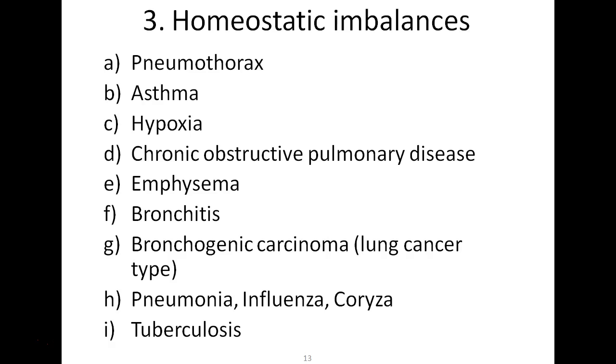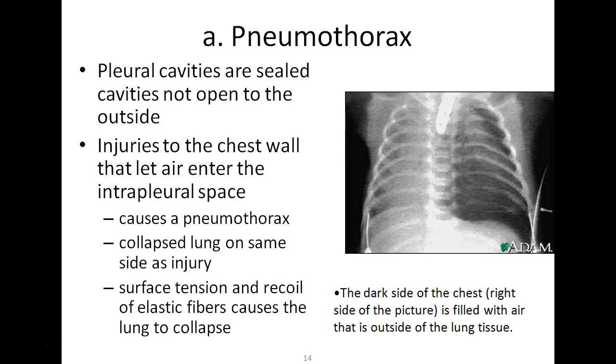Let's run through some other homeostatic imbalances here. Let's talk about one called pneumothorax. We had discussed this one earlier. And as we said earlier, pneumothorax occurs when air gets into the pleural cavity. So these pleural cavities are serous membranes. They're supposed to be sealed cavities and not open to the outside environment.